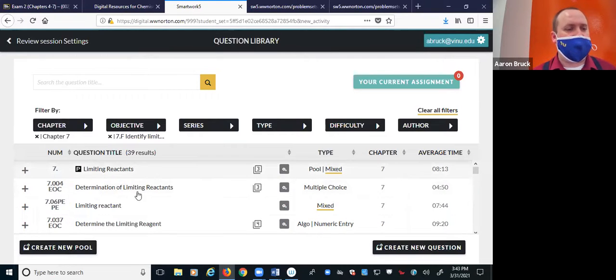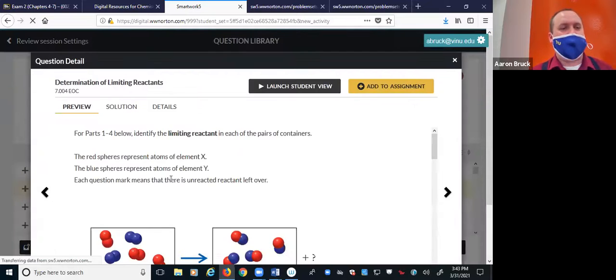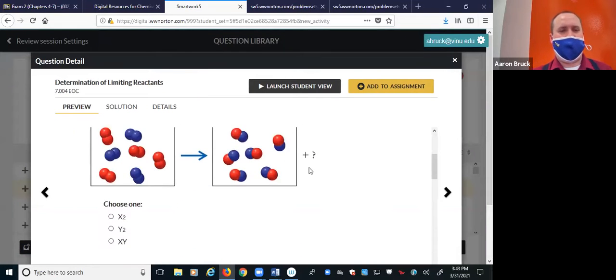Identifying limiting reactants is basically doing what we just did and making sure we know which one runs out first, and how much gets produced as a result.